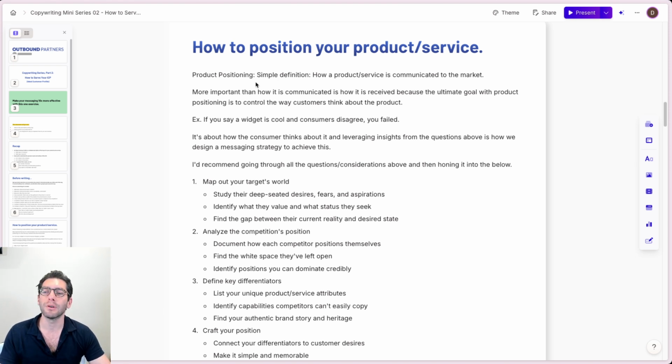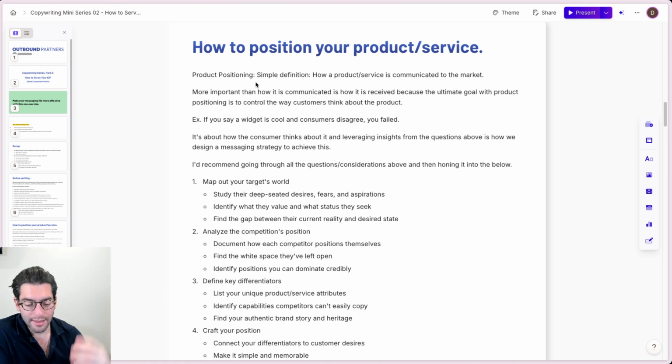The way the consumer imagines it is the reality of the situation. Like I said, in order to have the consumer perceive it the right way, it has to be communicated. It's like, what comes first, the chicken or the egg? But the most important thing is controlling the way a customer perceives it, and then adjusting the way it's communicated to accomplish that perception goal.